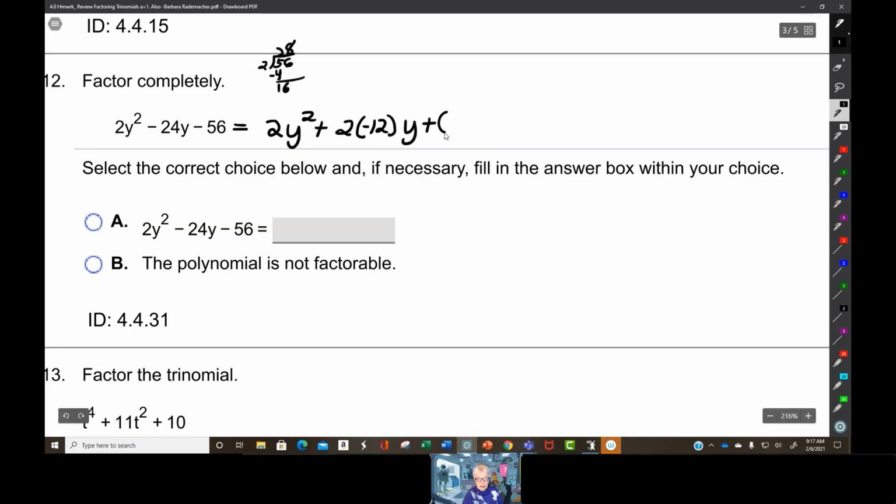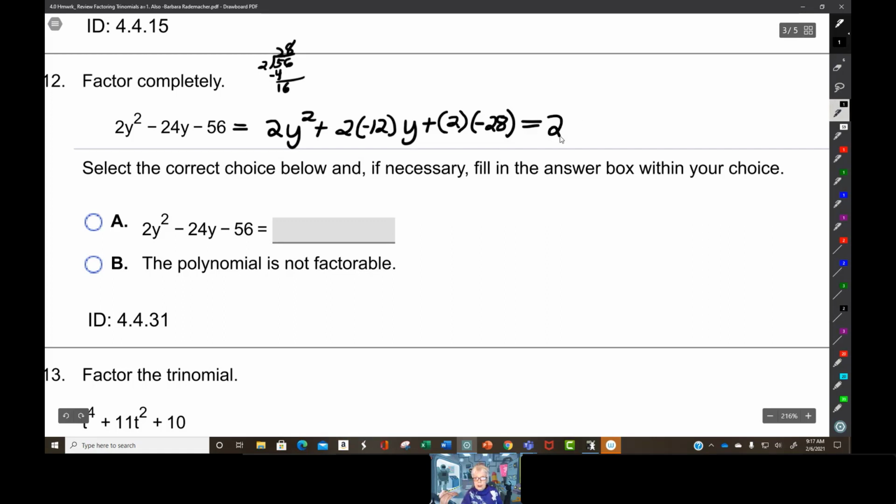So positive 2 times negative 28. There now. Look at that, you've got a GCF that needs to be factored out before you factor a quadratic trinomial. So let's do that.